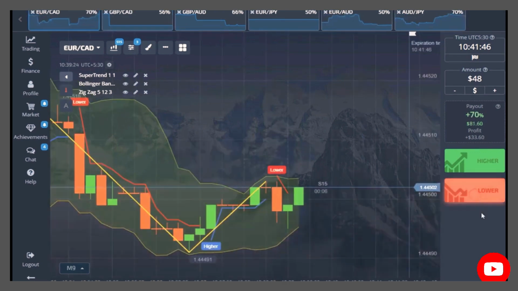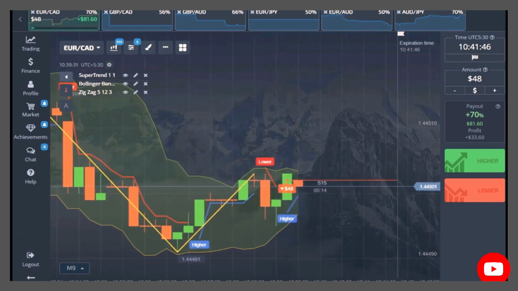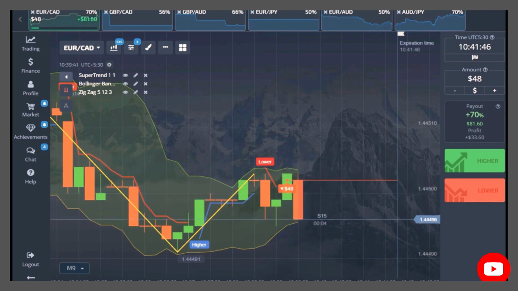Here we have a perfect sell trade setup according to our trading rules. The candle has touched the upper Bollinger Bands line, the ZigZag indicator line is above the candle, and we have received a sell signal from the Supertrend indicator. Now, let's see whether this trade results in a profit or a loss.